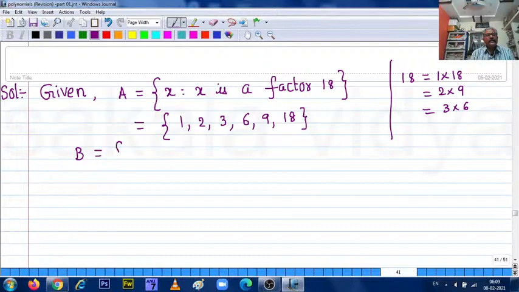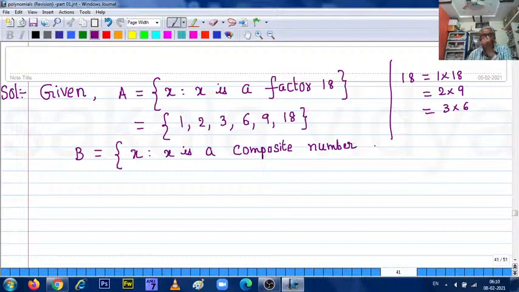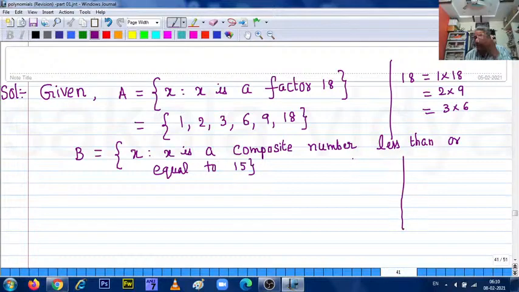What is B here? x such that x is a composite number less than or equal to 15. That means we need to write the composite numbers. Venkatesh, welcome.